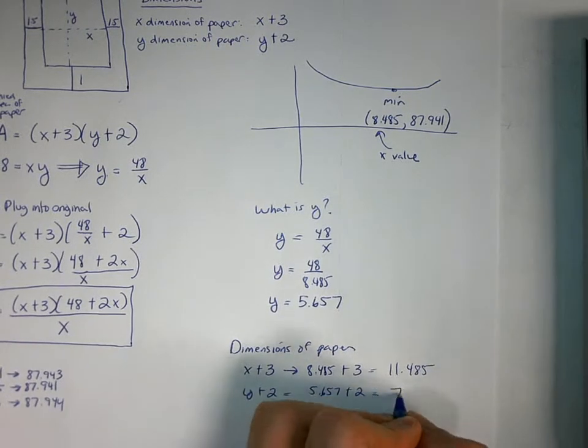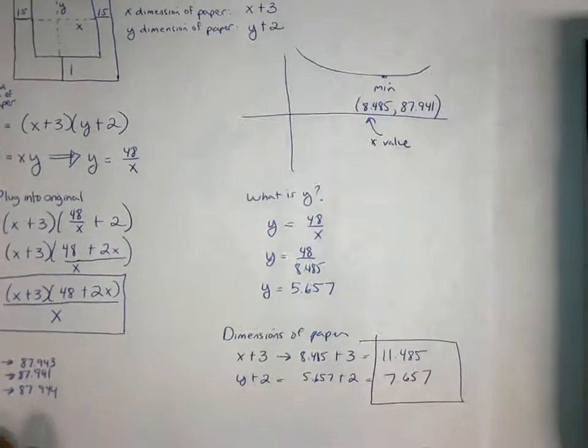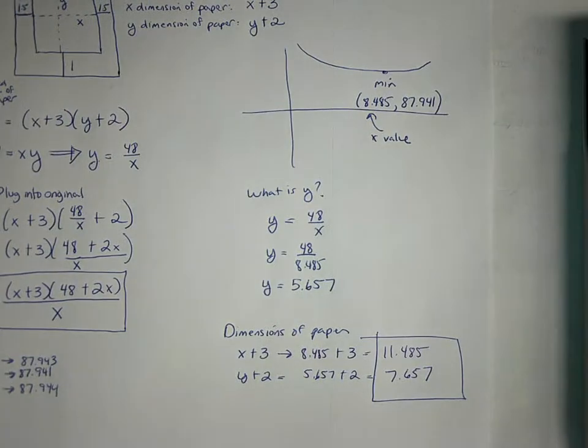And then y plus 2 is equal to 5.657 plus 2, which is 7.657. So 11.485 and 7.657 are going to be the dimensions that produce the minimum amount of paper used, given the fact that I've got to have 48 square inches of print and margins of 1.5 inches on each side and 1 inch at the top.